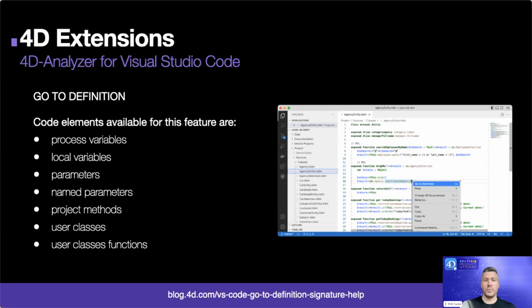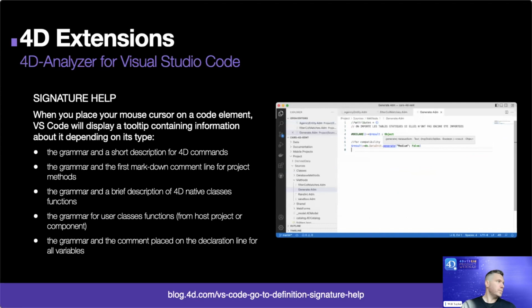Now, 19R7 brings two new capabilities to 4D Analyzer: go-to definition and signature help. Go-to definition lets your VS Code environment work like your 4D environment, whereby when you click go-to definition, like in the screen capture right there, it jumps to the appropriate definition of a process variable, parameter, a class, whatever you need.